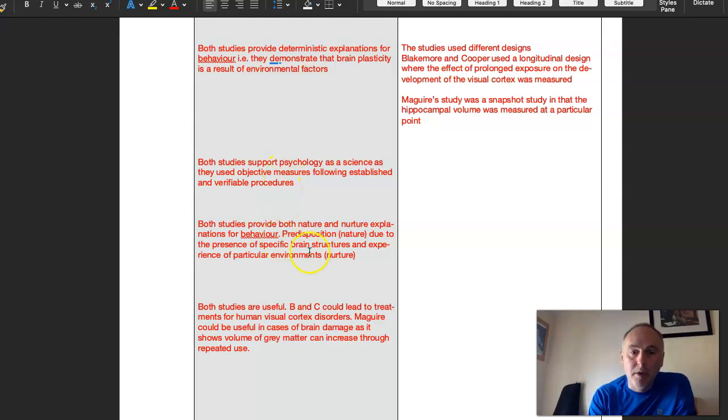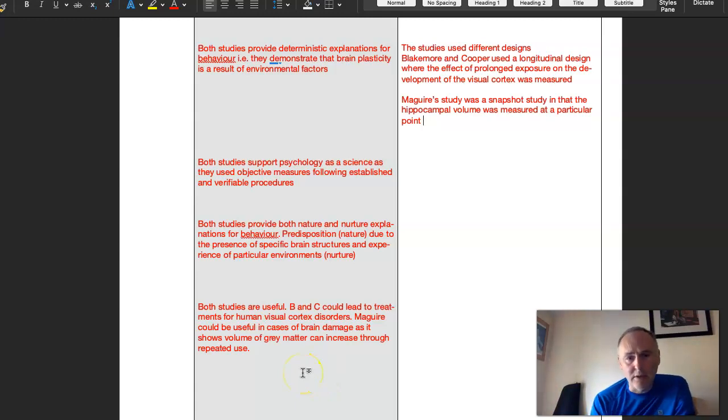Both studies provide nature and nurture explanations for behaviour. Predisposition, nature, is due to the presence of specific brain structures, and experience of particular environments would be nurture. So they've both got the same sort of explanation for why the changes took place. And the last one I've got here, there are many more you could have got, I suppose: both studies are useful.